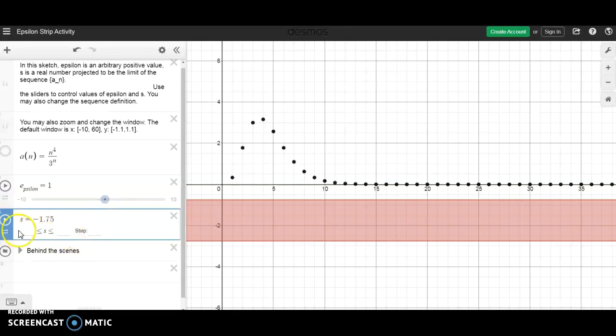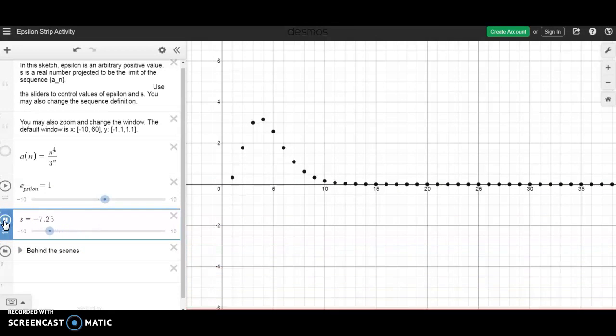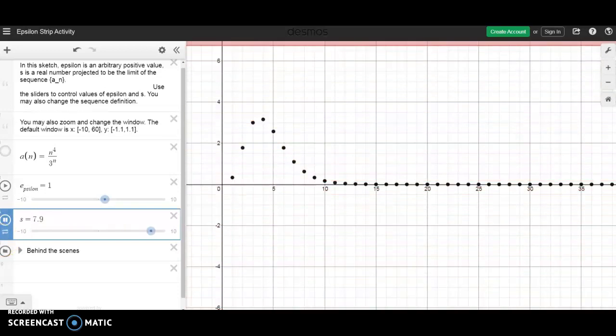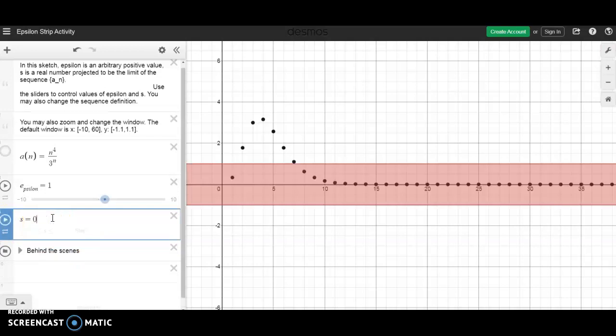Again, let's play with S. Goes down. Oh, okay, all right. What do we think we're centering on? Okay, so if we say S is 0, there we go. S is the presumed limit.